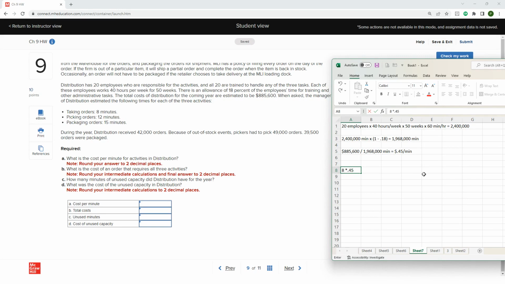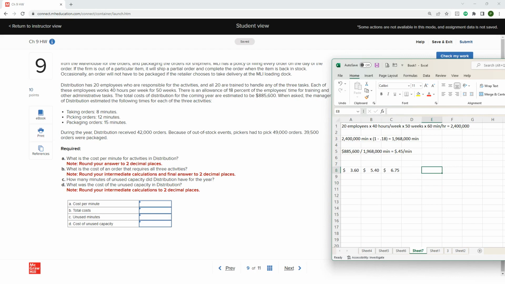And for the packaging activity, that'll be the 45 cents times 15 minutes. And so we add those three amounts together, and we get $15.75 as the cost of an order that requires all three activities.